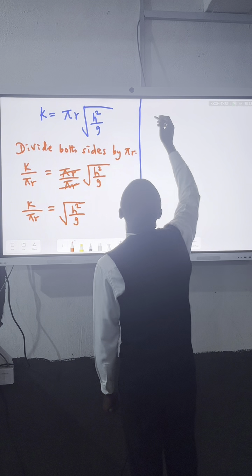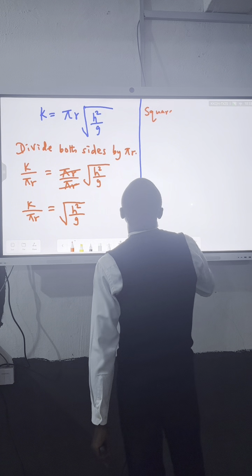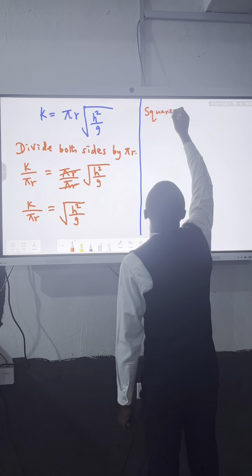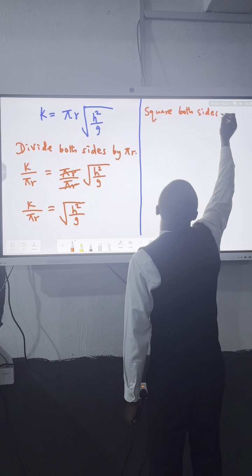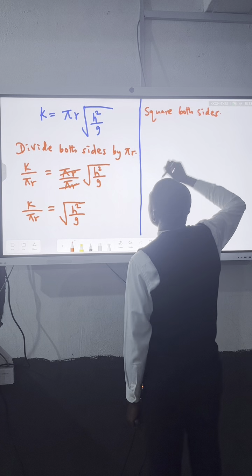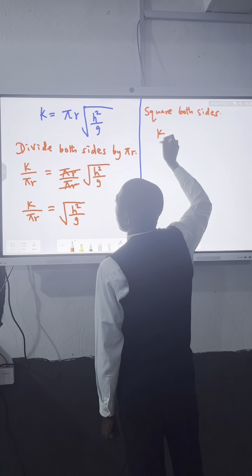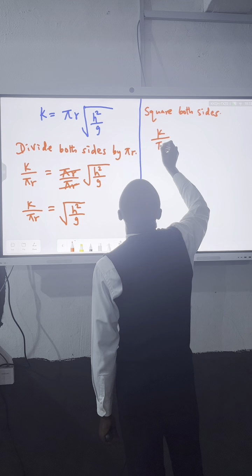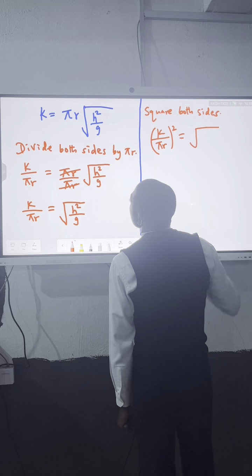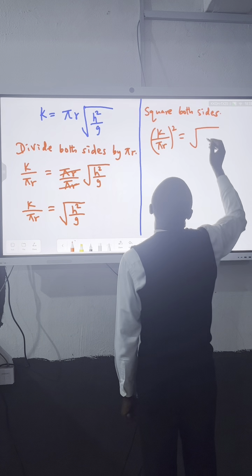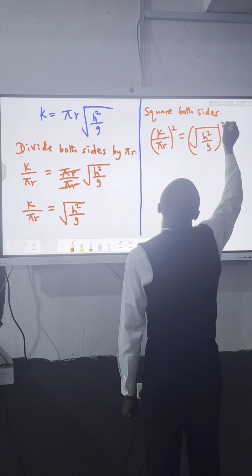Next, to remove the square root, we square both sides. If you do that, we are going to have K all over pi R, all of this in square, is equal to the square root of H square over G all squared.